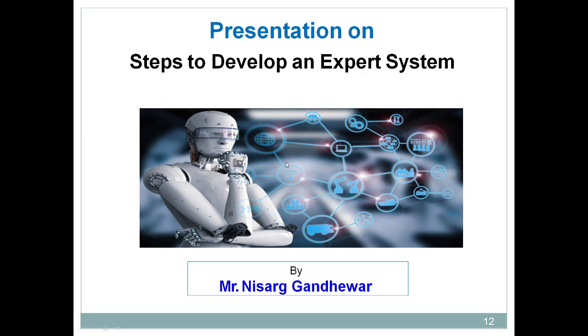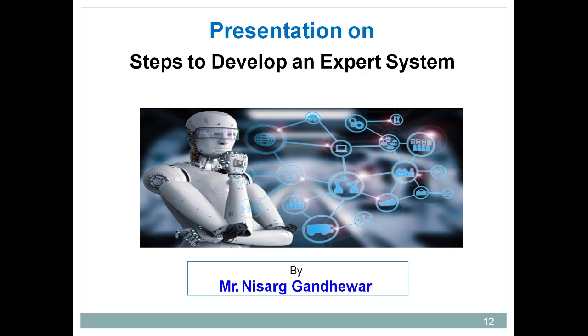Now in today's video we are going to discuss how to develop an expert system. Suppose you wish to develop an expert system for a particular application, then how can you do this? I told you that there are two types of system.